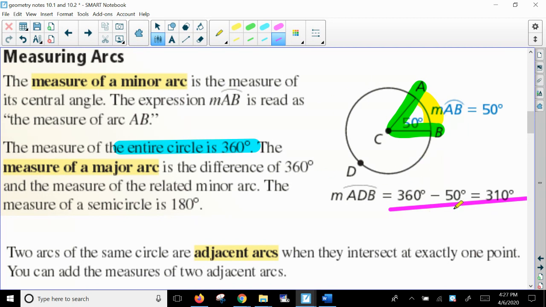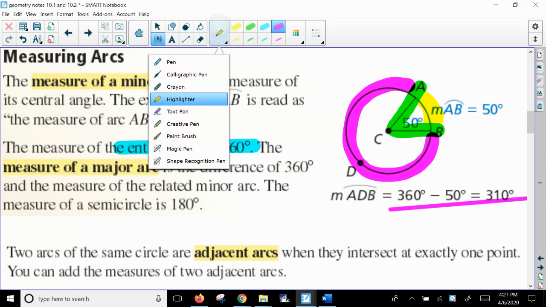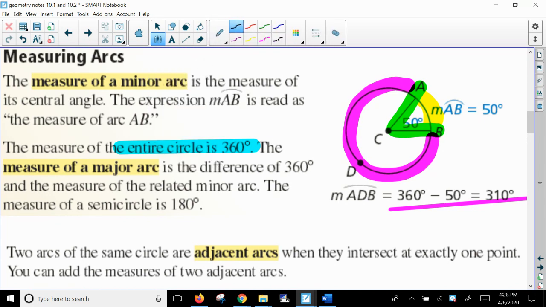It's going to be 360 minus 50 degrees, which is 310. So all of this right here, that is your major arc, and that's going to be 310 degrees. Because we did this right here. We did 360 minus 50. That gave us 310 degrees. Okay?